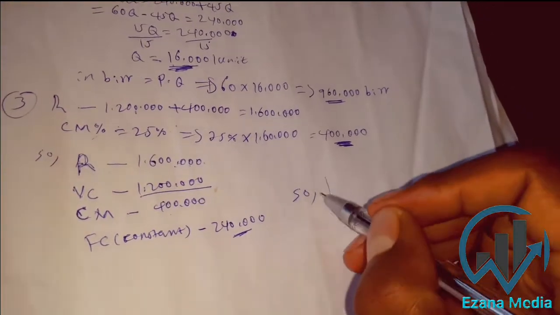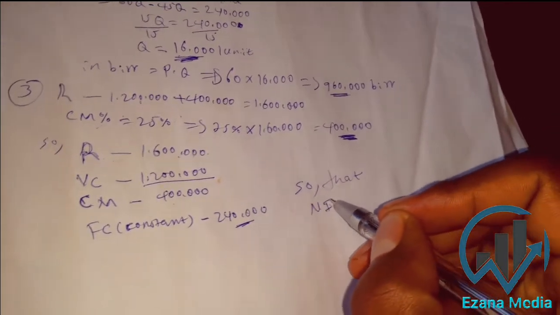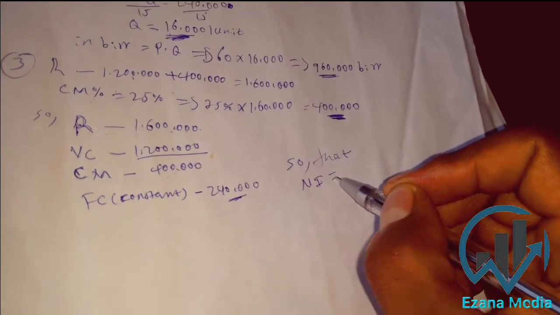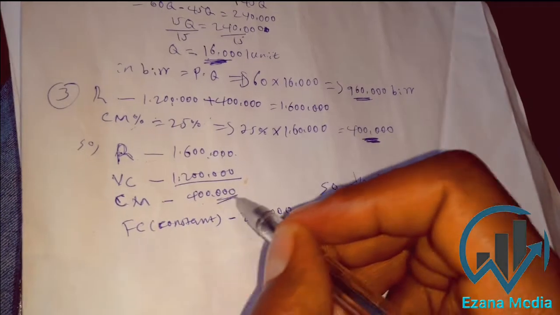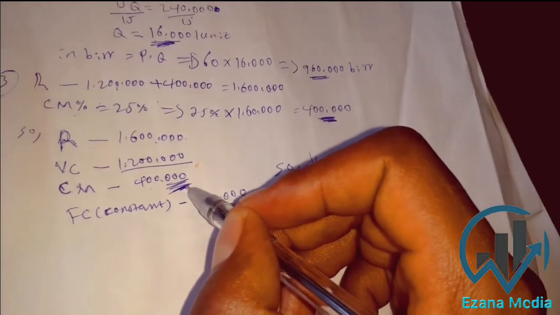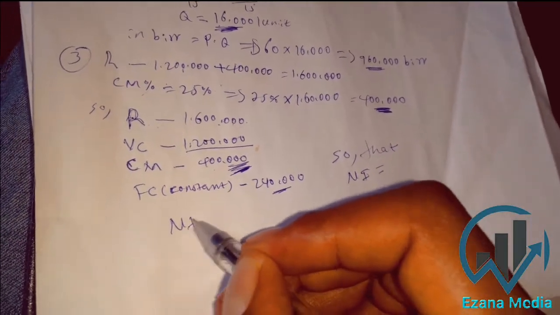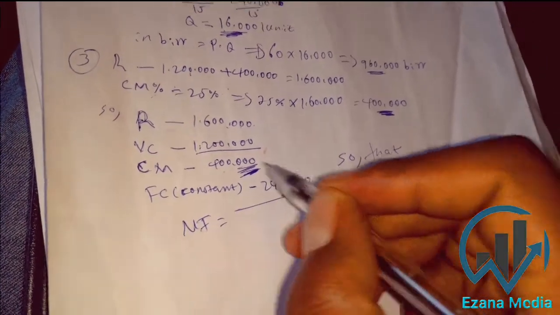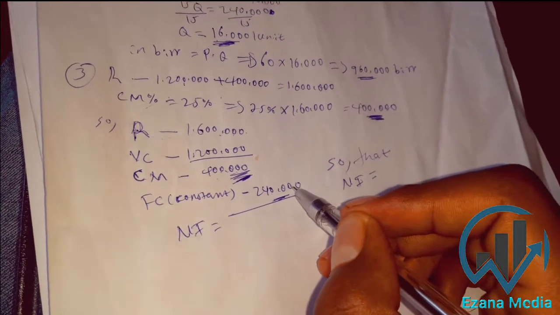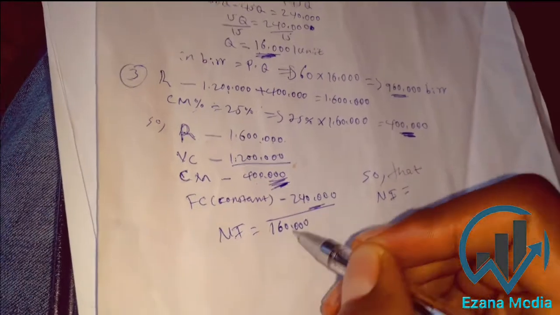So that net income is equal to contribution margin. Net income is equal to 400,000 contribution margin minus fixed cost 240,000, which is equal to 160,000.